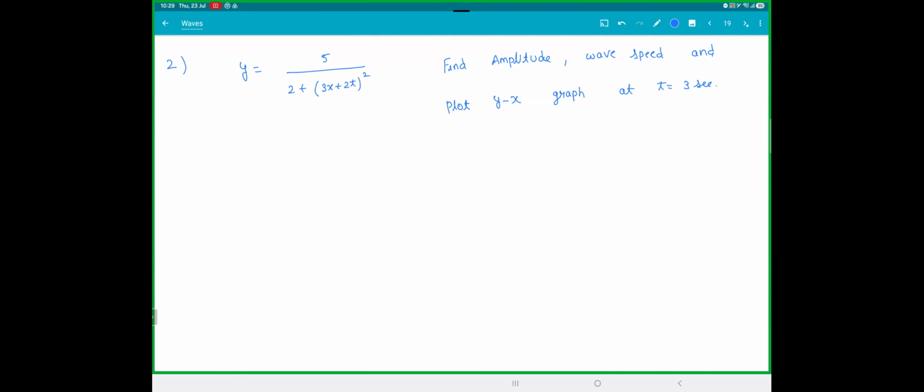How do you find amplitude? Remember the definition of amplitude, the maximum displacement from the mean position. So they're asking maximum value of y.